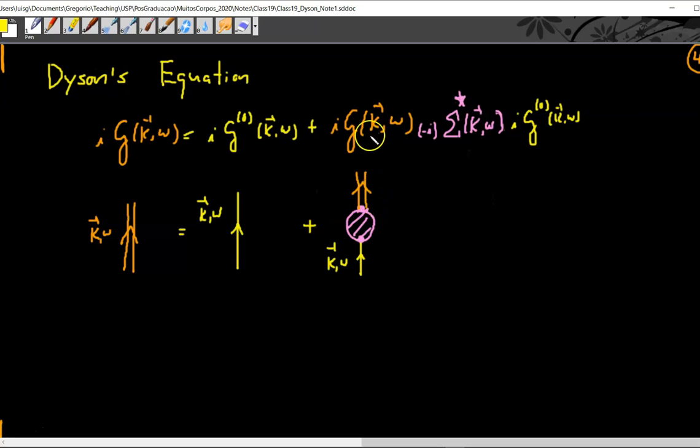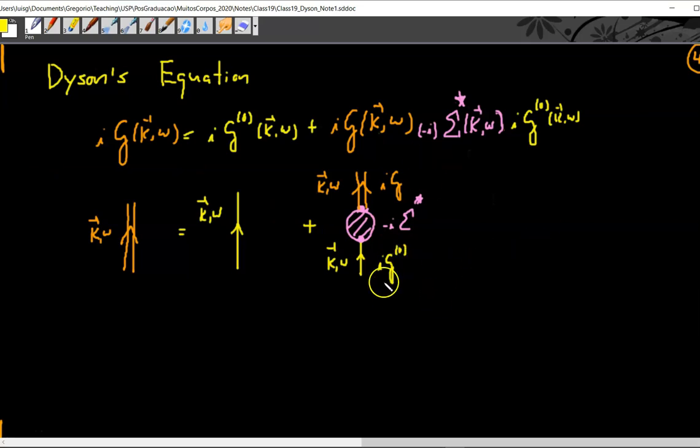And what's above here is essentially the same interacting Green's function at the same k and omega. So this is iG, this is the proper self-energy minus i sigma star, and this one is the free propagator iG naught.